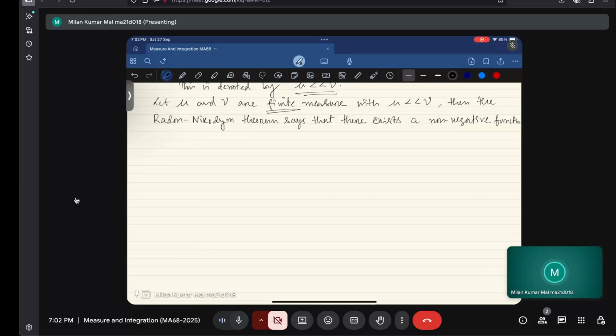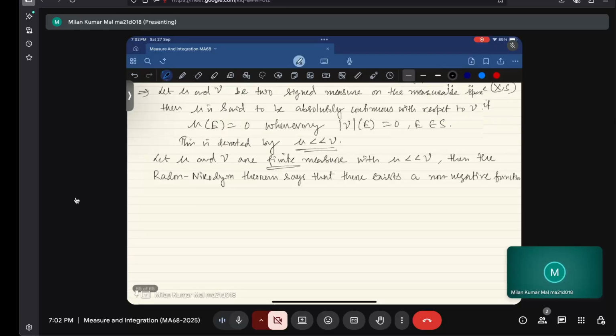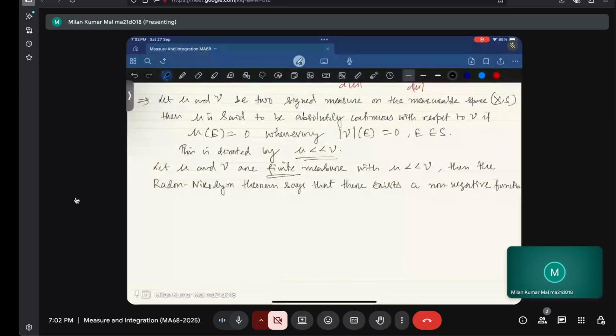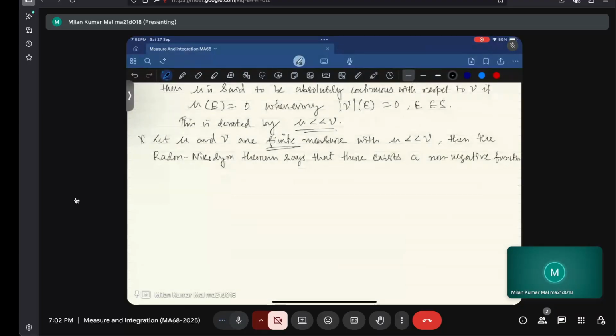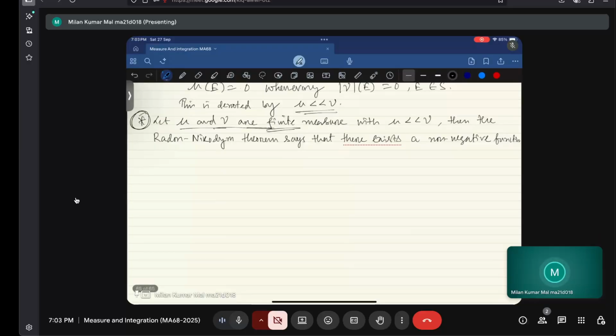Note that here we are not taking signed measure. To define absolutely continuous, we can take signed measure. But when we are mentioning the Radon-Nikodym theorem, that time it is not considering signed measure. Instead it is considering the finite measure, that means the previous measures that we have discussed before today.